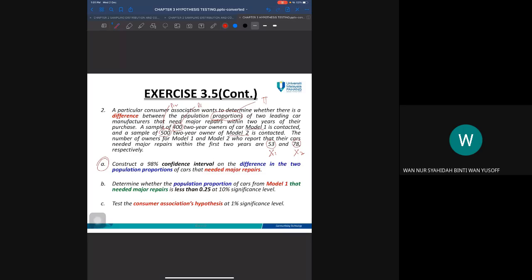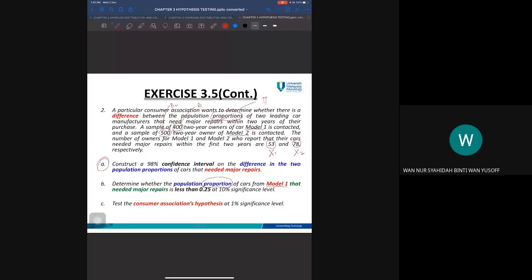Determine whether the population proportion of cars from model 1 that needed major repair is less than 0.25 at 10% significance level. So it is clear that we have proportion. So it cannot be the mu, it cannot be the sigma. It has to be pi. Okay. From model 1.